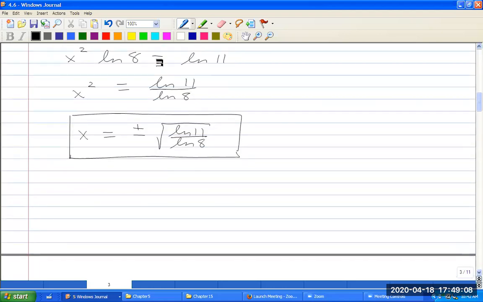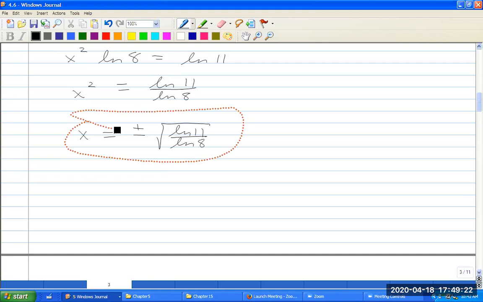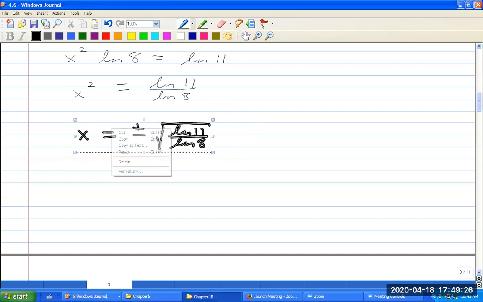Oh, and they told us actually to write this. They don't want the exact answer. They want the approximate answer. So let me give the approximate answer, and let me plug this into my calculator.